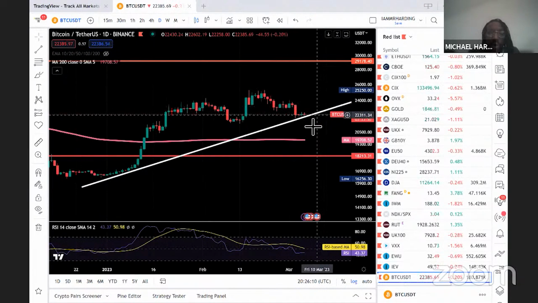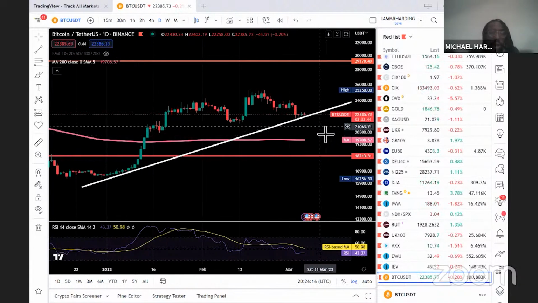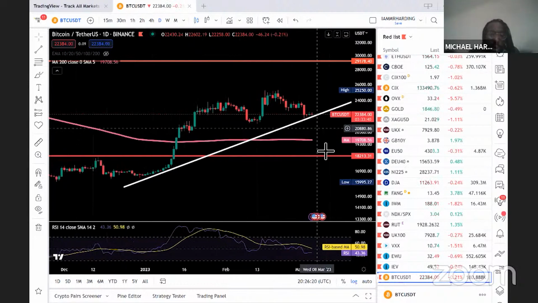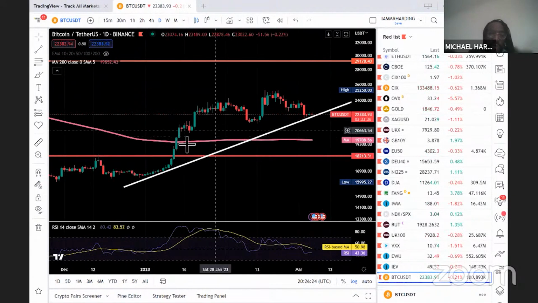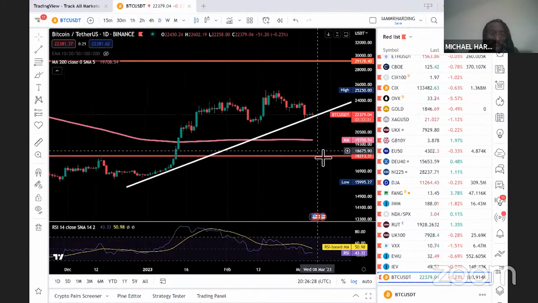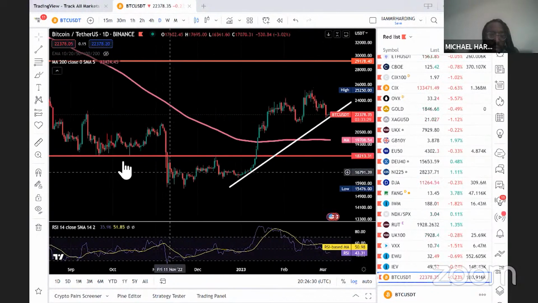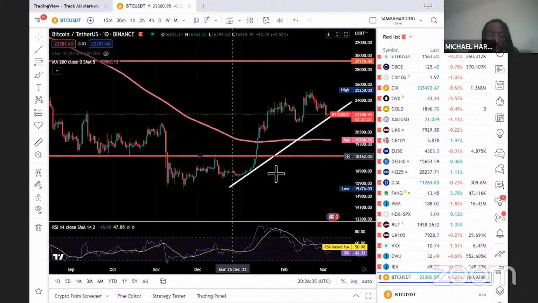Now, what would cause a mass panic is if it broke below this trend. Then people would be like, oh no, where's it going to stop? The next place should be the 200 moving average, which is where people would think it's going to stop. The next place after that would be the previous support, which is here, also acting as a resistance.